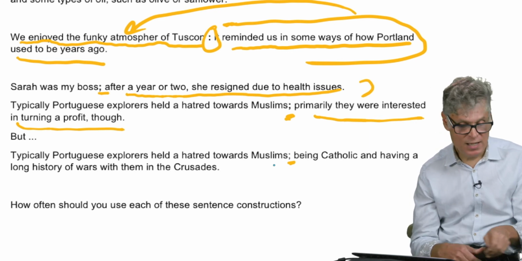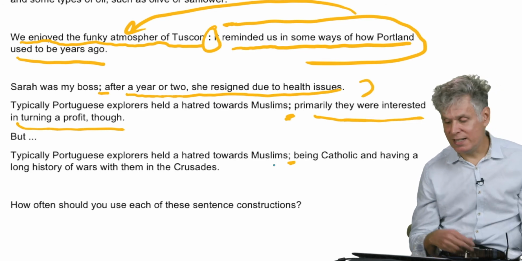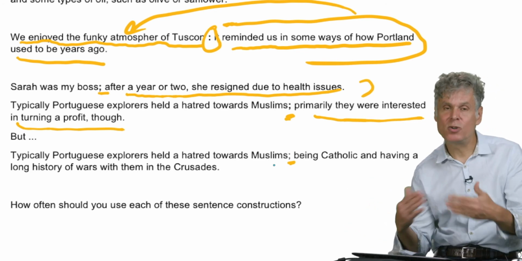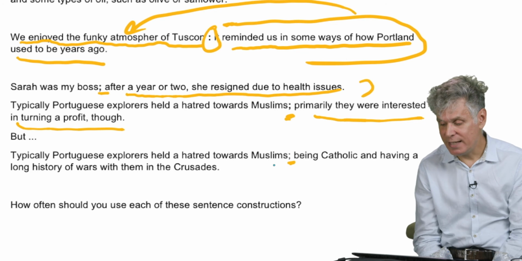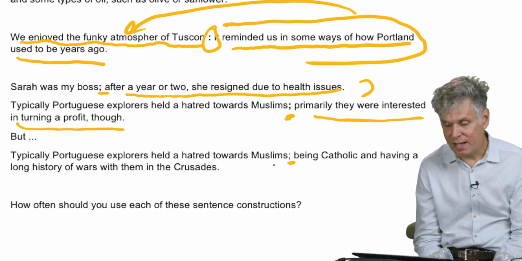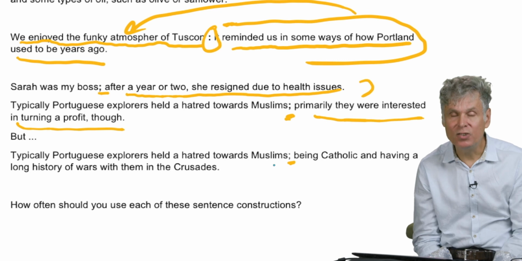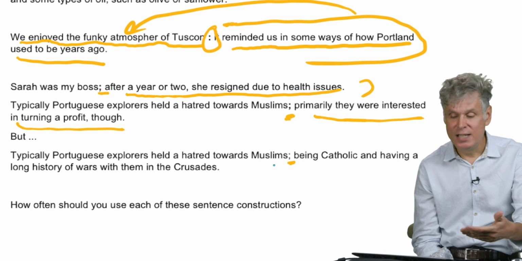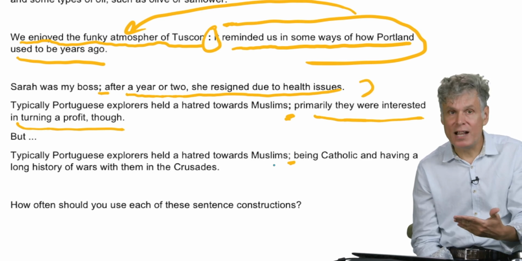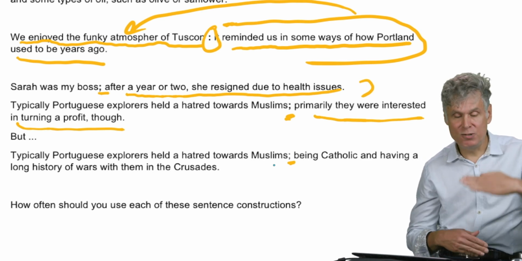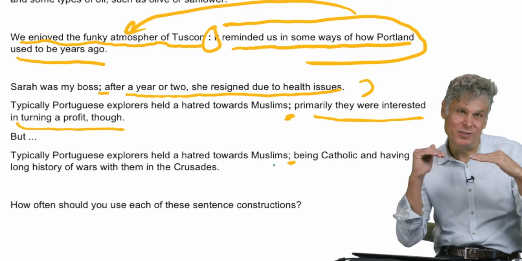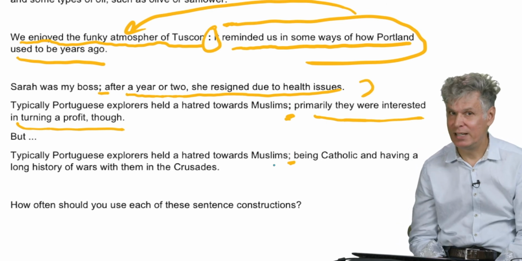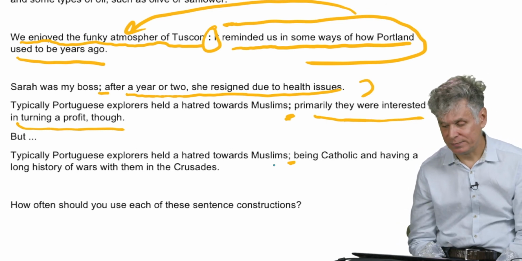And the problem is, you can test it by saying, is what comes after the semicolon a sentence? If I say to you, being Catholic and having a long history of wars with them in the Crusades, you're still waiting for the main part of the sentence, hopefully. It's not a sentence on its own, it's a fragment. And so this is the issue of sentence, semicolon, fragment. Doesn't work. Can't do it. Looks a little weird.